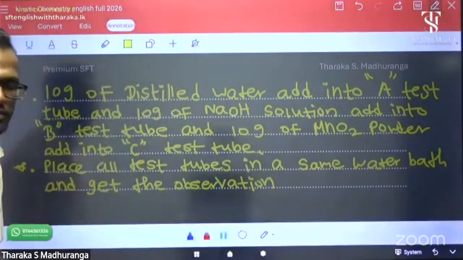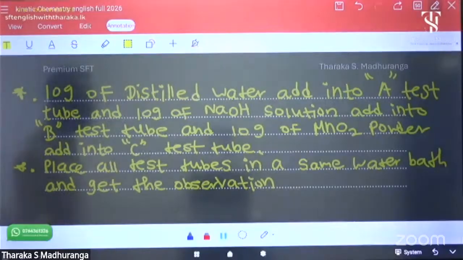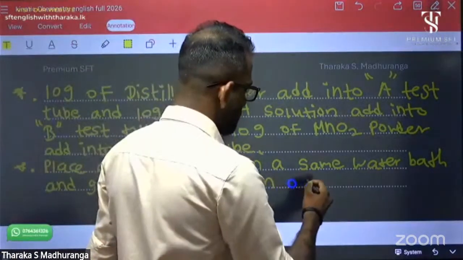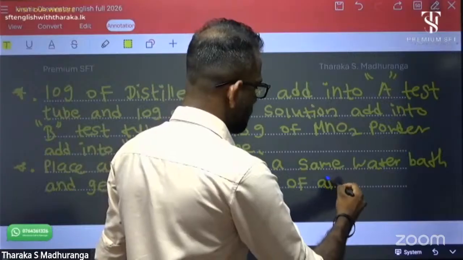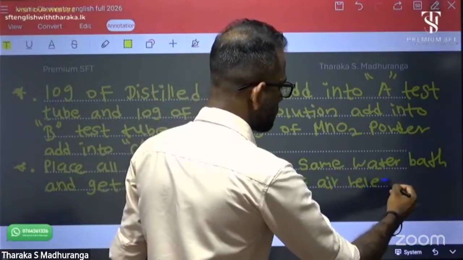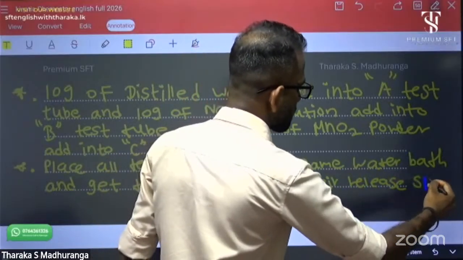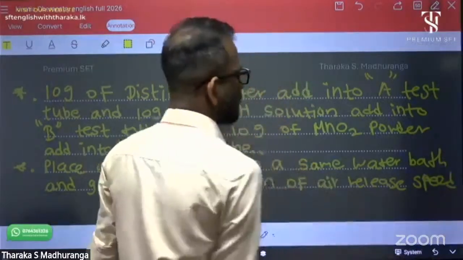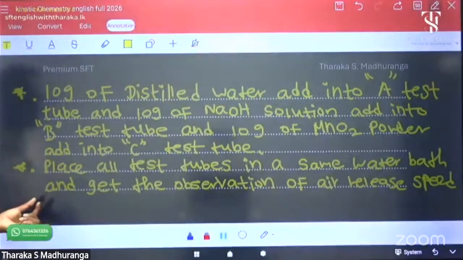Get the observation of air bubbling speed, air release speed.